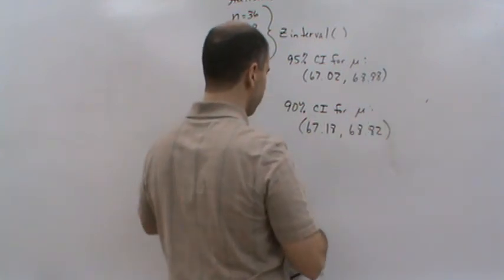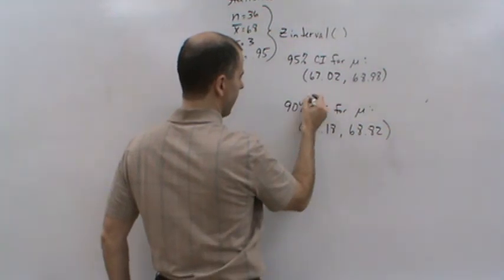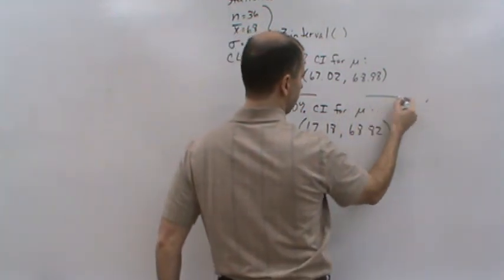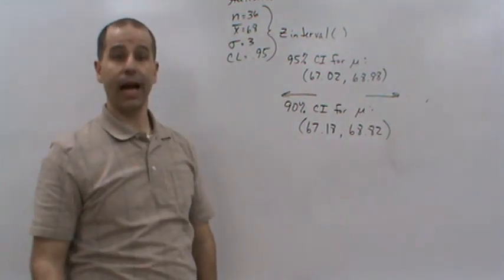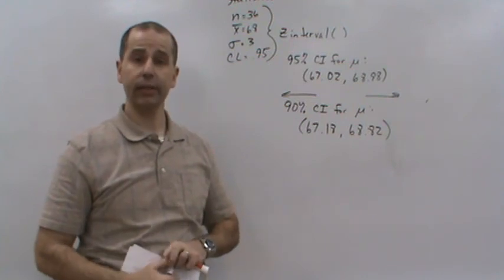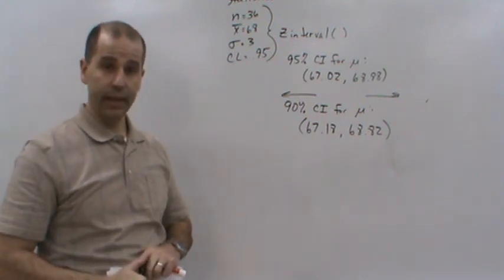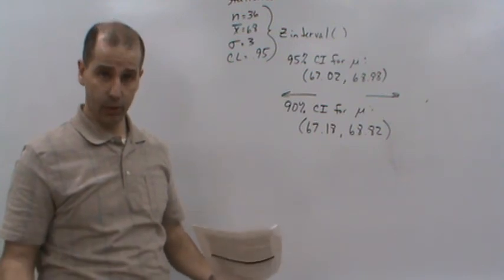So basically, this side went that way, this side went that way. So what happened? The confidence interval got wider, right? So if we increase the confidence level, it increases the confidence interval.